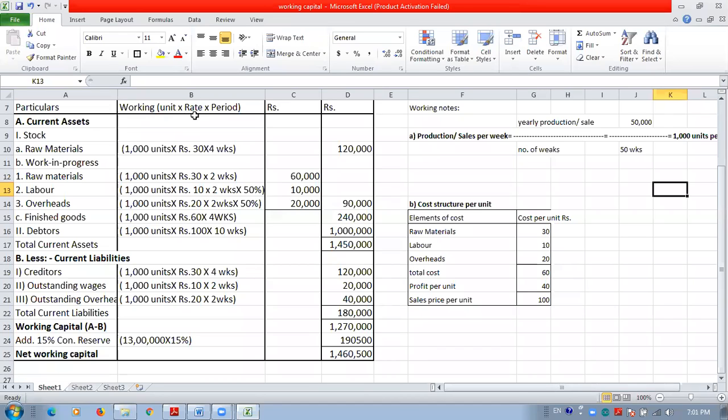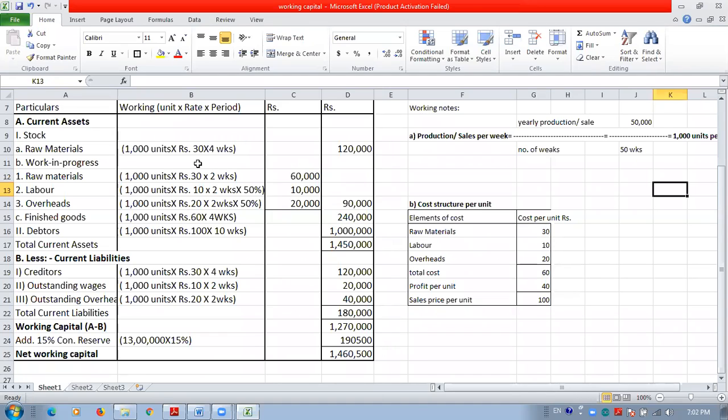The rate differs for every cost structure item, because raw material has a rate of 30 rupees, labor has 10 rupees, and overhead has a 20 rupees rate. So in case of stock of raw material, we have considered this 30, which is given here as the rate.